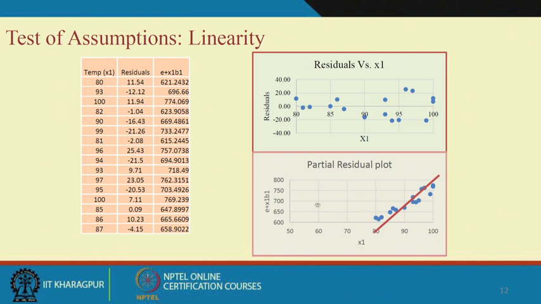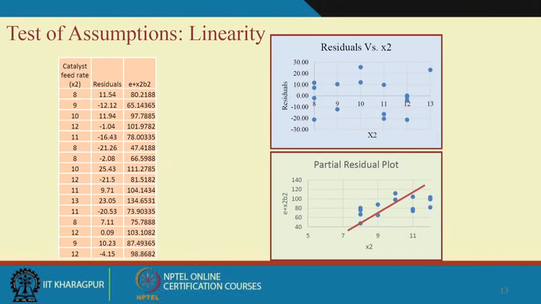But when you go for the partial residual plot, that means the residual plus the x1 contribution versus x1, then you see that a linear plot is obtained, so it is linearly related. Similarly for x2, but this linearity is a little weak, because it is more spread.